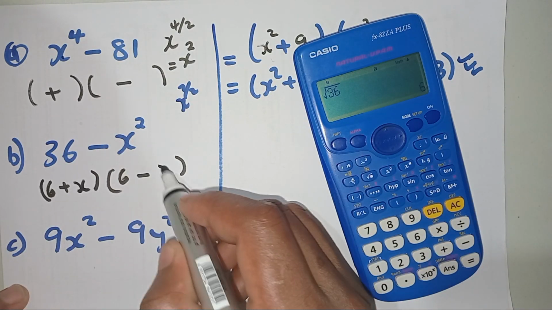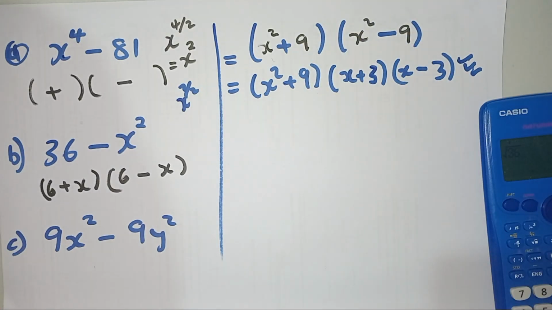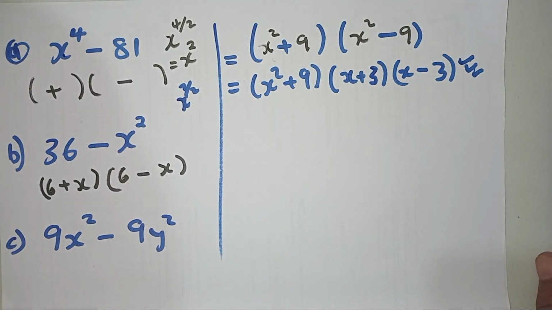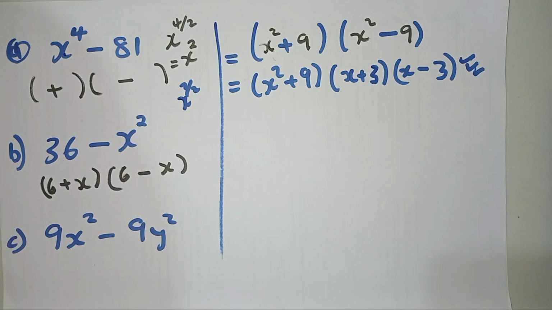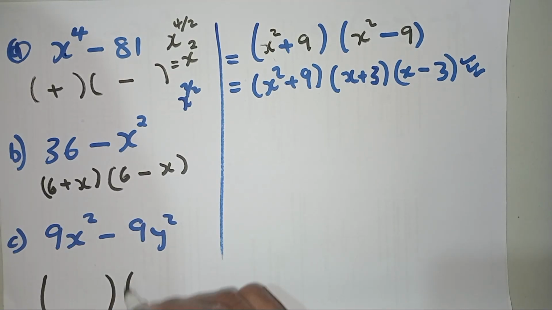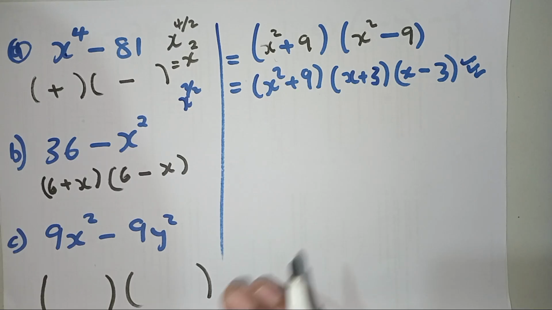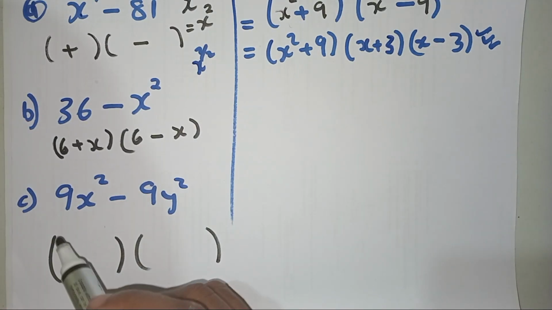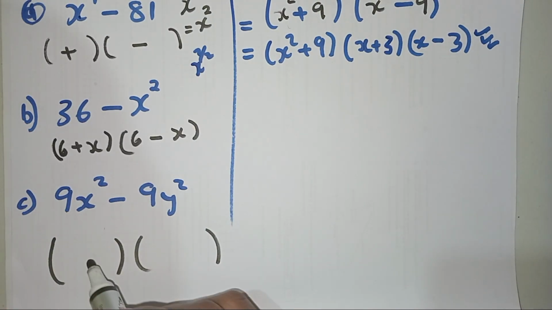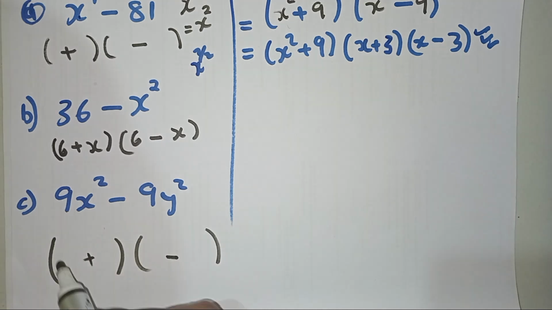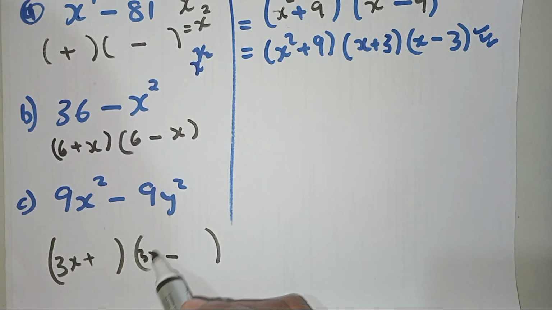We know that it's x and x. Then this one is factorized completely. Coming to this one, we can have two ways to do it. But when we are factorizing it based on the difference of two squares, we can just say, okay, the square root of 9 is plus and minus. What is the square root of 9 is 3x, 3x.